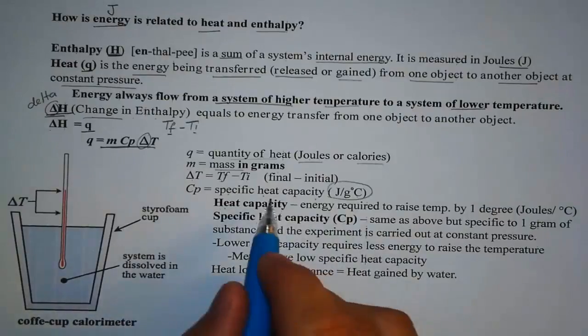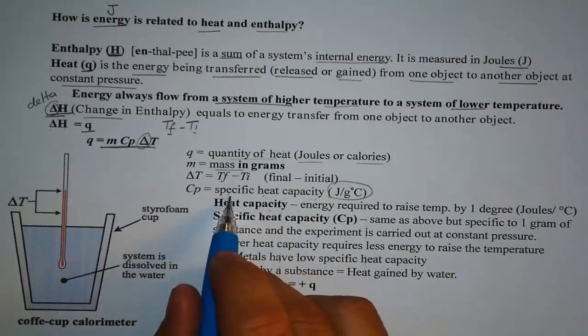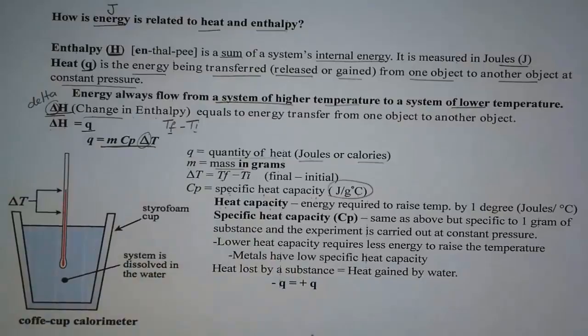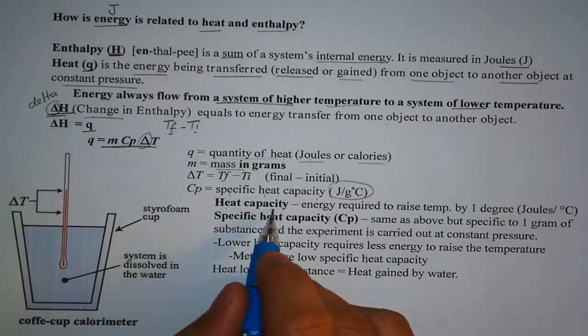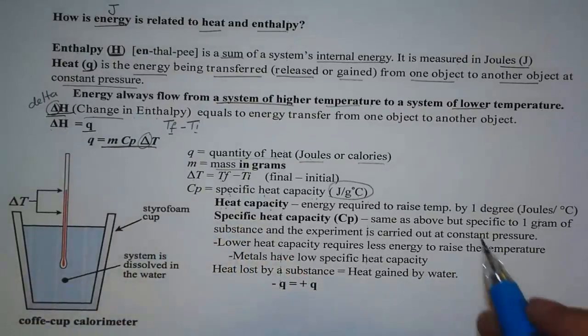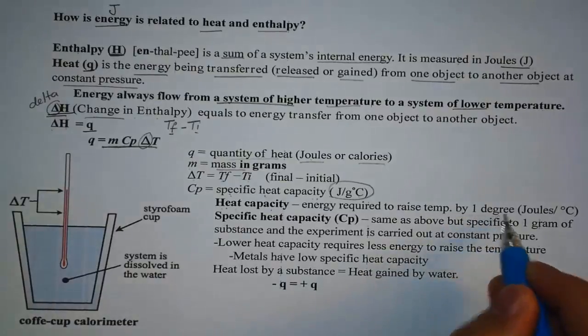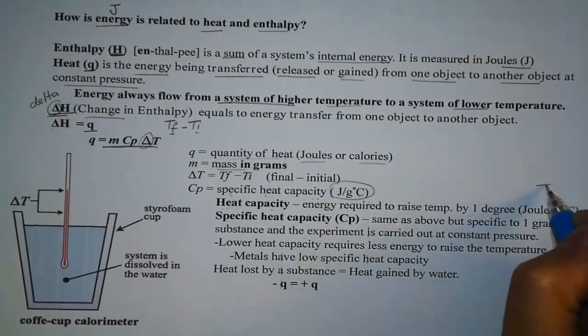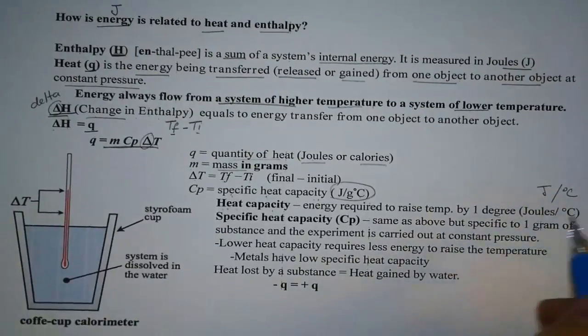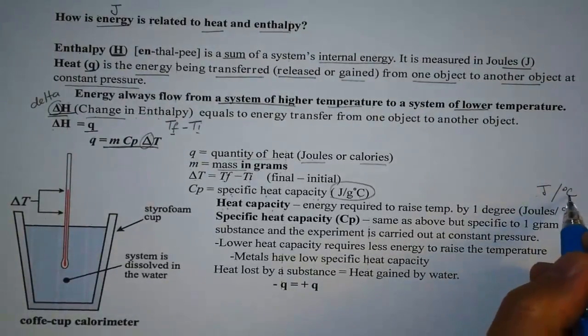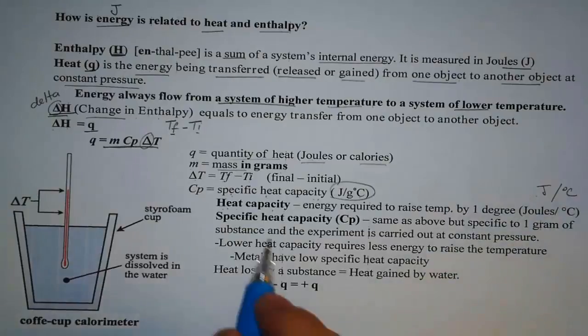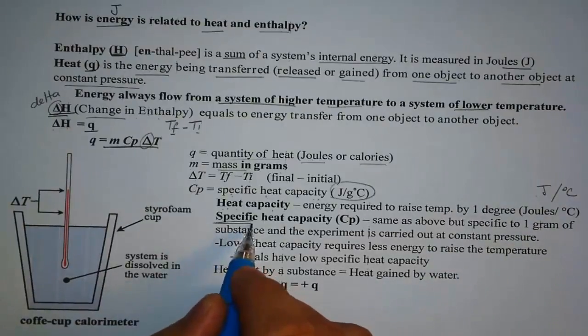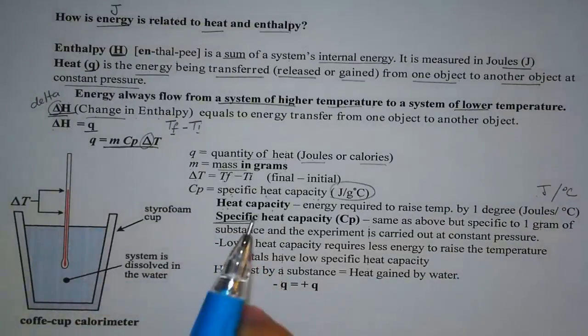So what is heat capacity and how is it different from specific heat capacity? Well, first of all, heat capacity is the energy required to raise 1 degree Celsius. So how much energy, that's why we have joule over Celsius. How much energy do I need to raise 1 degree Celsius? Whereas specific, think of the term specific, that's because different substances have different heat capacity.